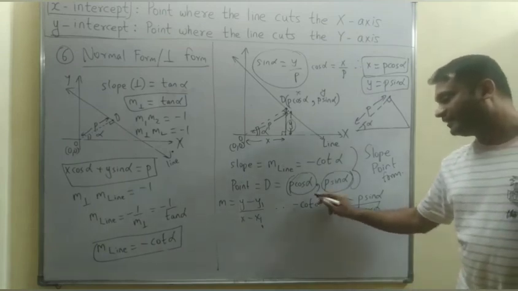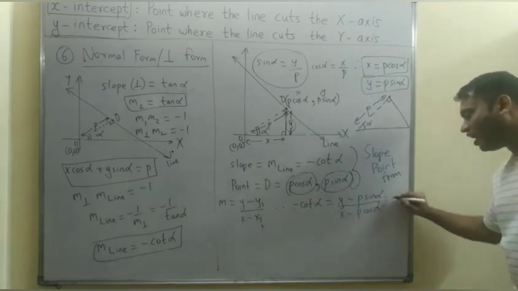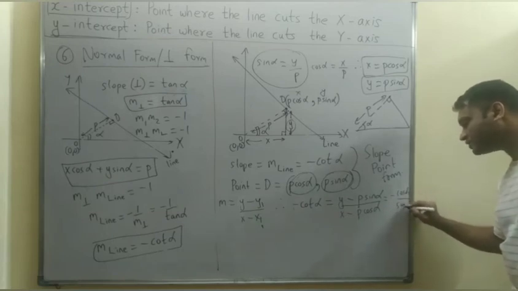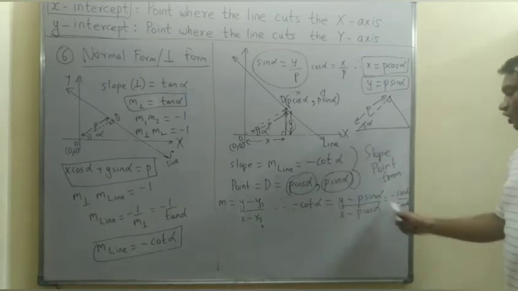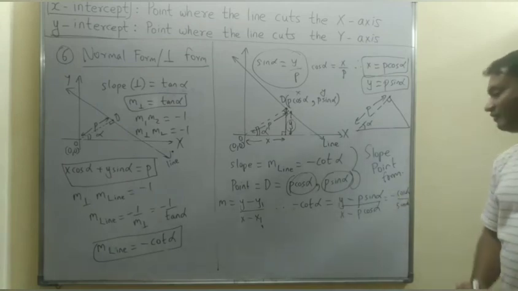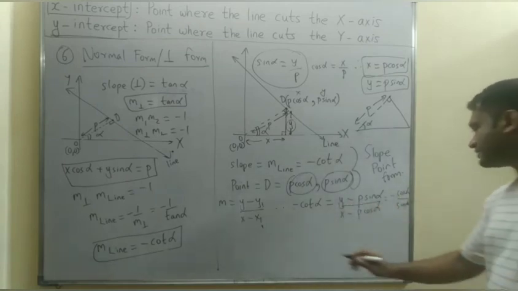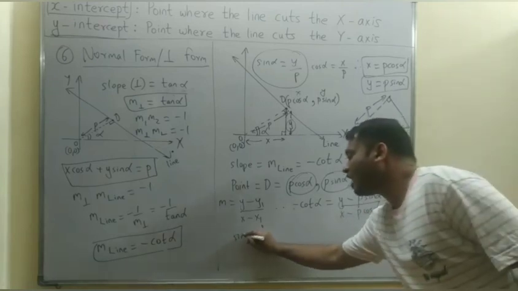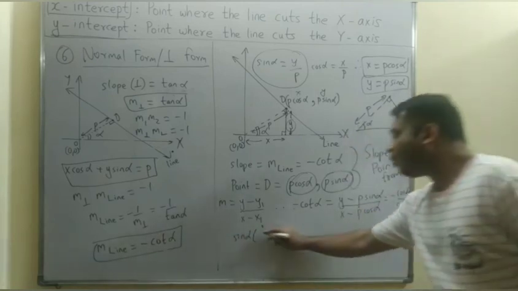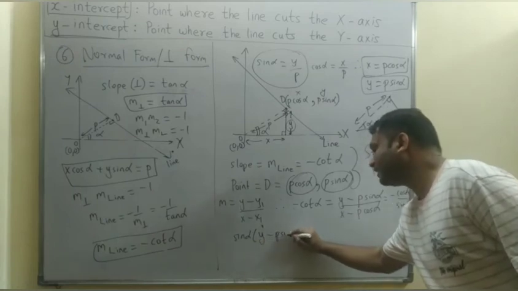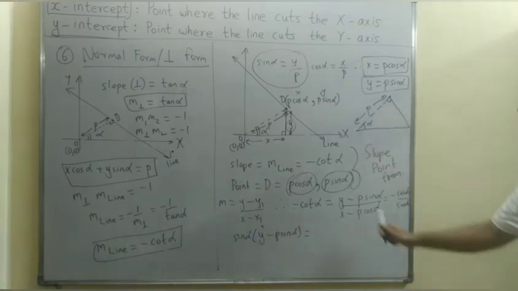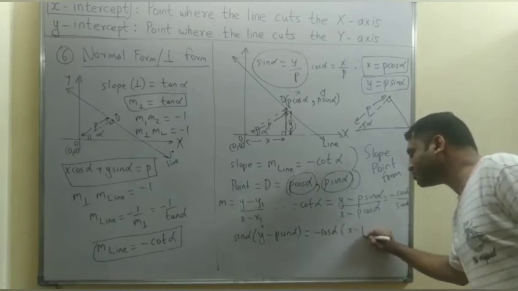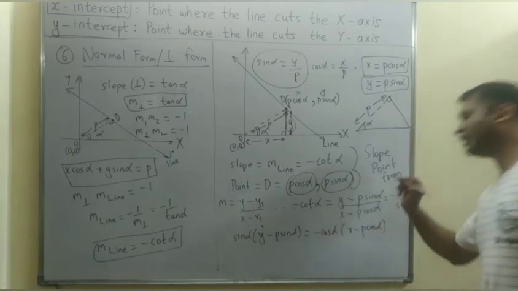First of all, let me write this minus cot alpha as minus cos alpha upon sine alpha. After cross multiplying, what will we get? Sine alpha will multiply with y minus p sine alpha. So sine alpha into y minus p sine alpha equals minus cos alpha into x minus p cos alpha.